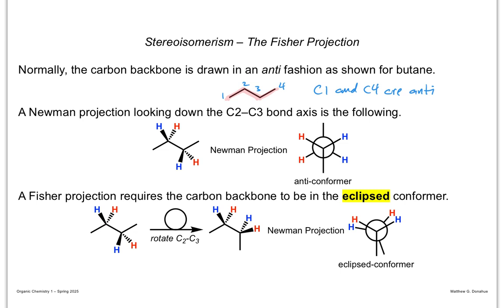And how do we know that? If you look down that C2 to C3 bond, you can see that 180-degree relationship, so that's anti. And so in the Newman projection, the blue hydrogens end up being to the right, the red hydrogens end up being to the left.